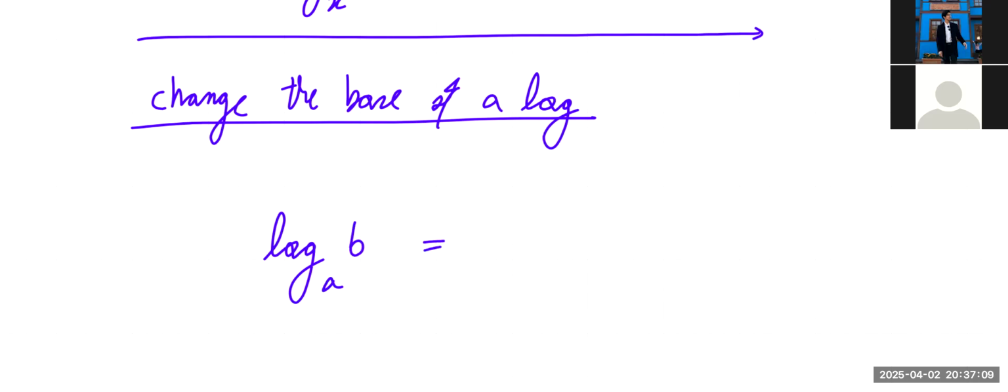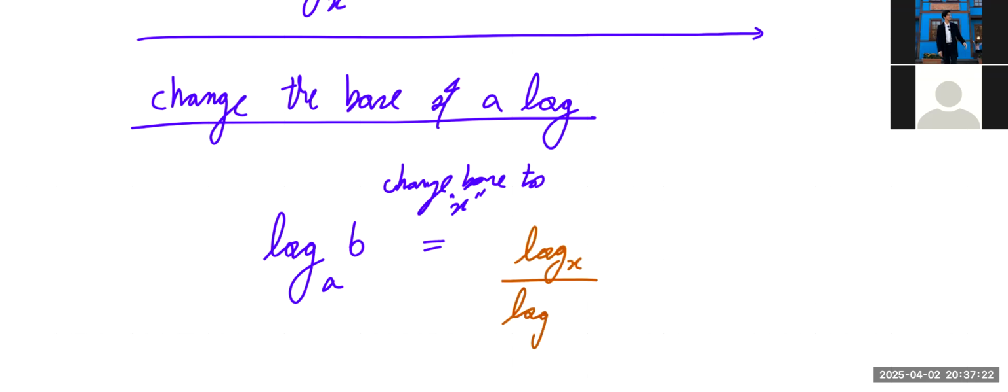So what do I do? The first thing I do is I write down two logs with the base of x and I divide them. Always. Then put the top thing at the top, put the bottom thing at the bottom, and that's it. You've changed this log of base a to a log of base x.